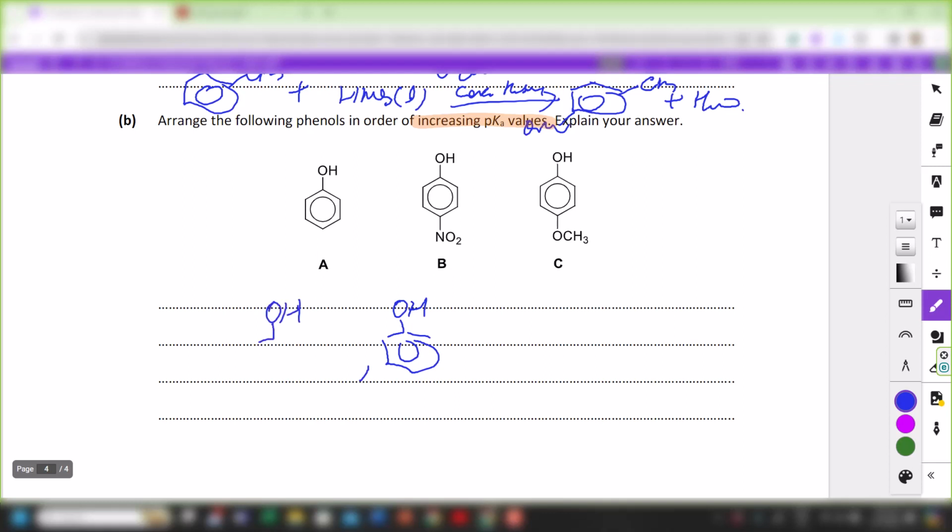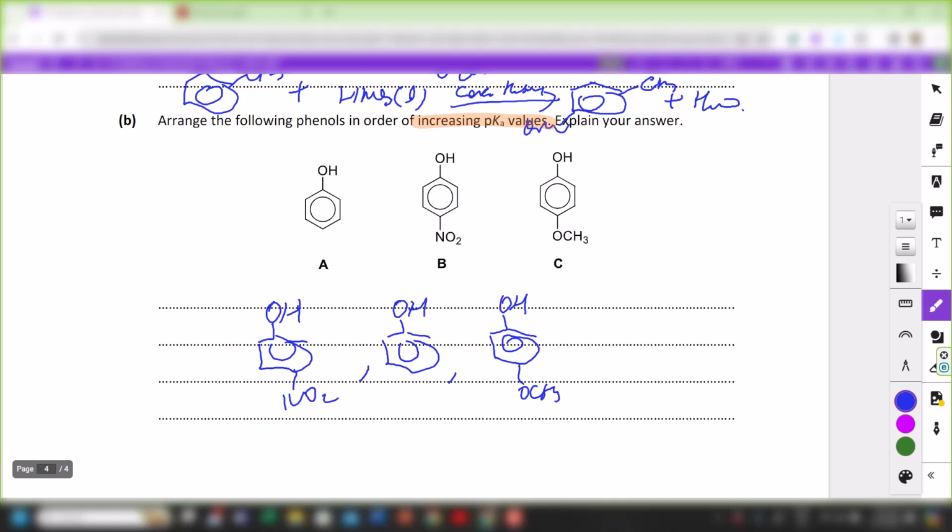The stronger acid is the one where the negative charge on oxygen can be further dispersed into the phenol ring. With that, I will need an electron withdrawing nitro group. The presence of an electron donating group will prevent the negative charge from further dispersing into the phenol ring.